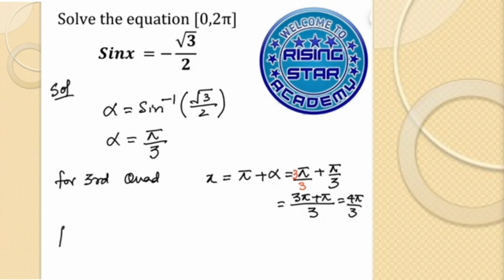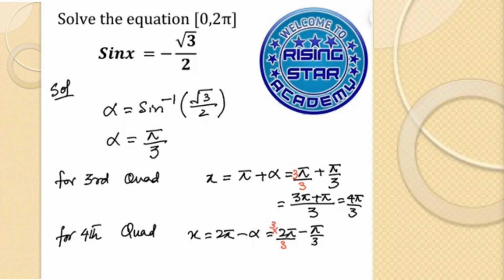For the fourth quadrant, x is equal to 2 pi minus alpha, so 2 pi minus pi over 3. I will make the denominator the same, so multiply and divide by 3 over here as well.